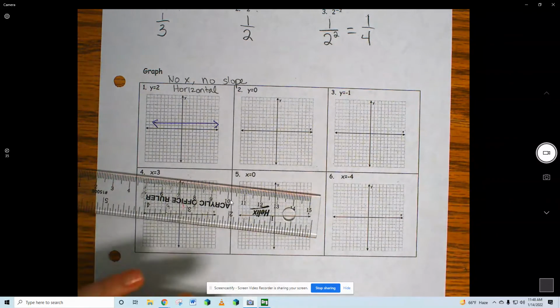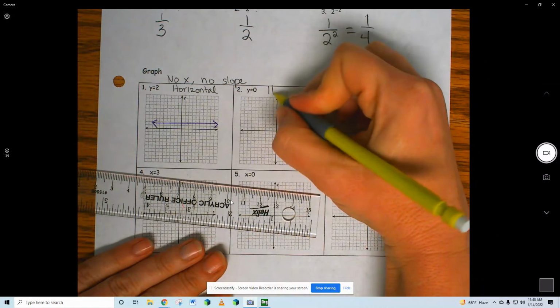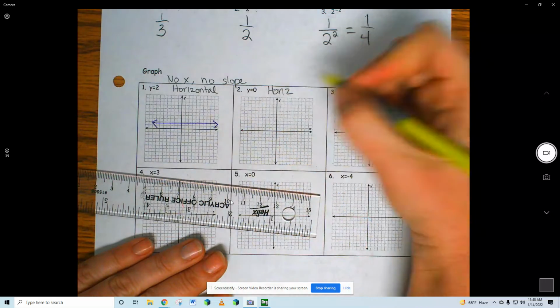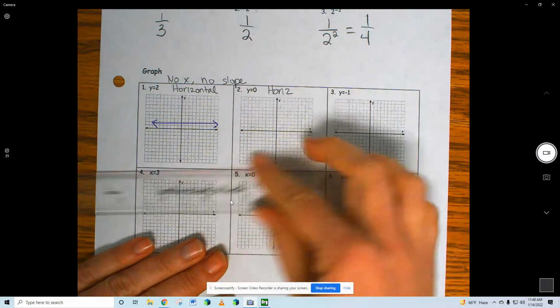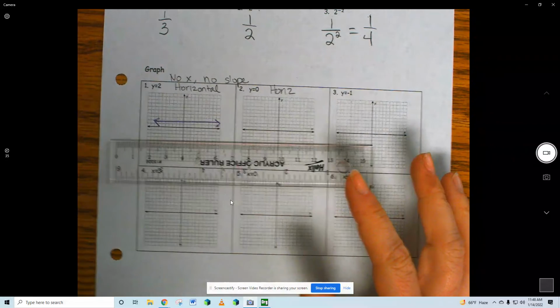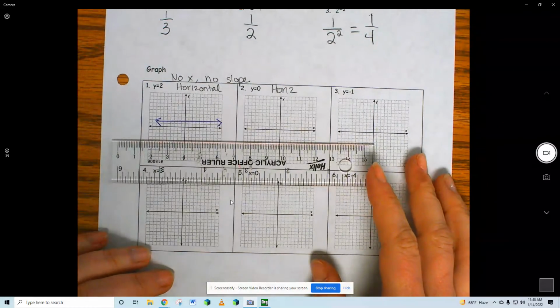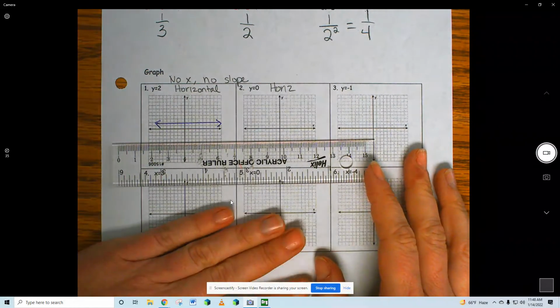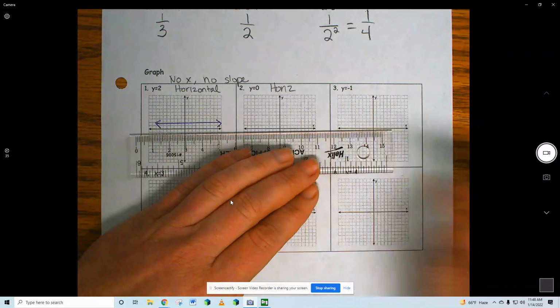Y equals 0 is also horizontal, but the line is at 0. Well, 0 is kind of like the same line as my x-axis.